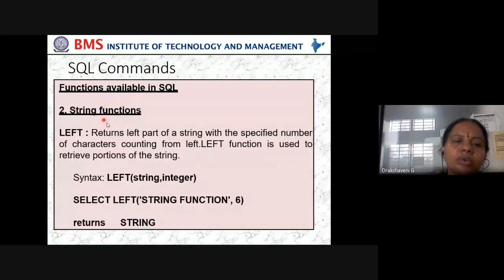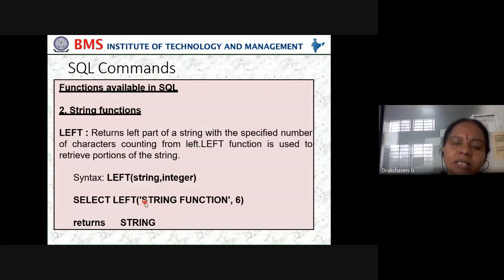Next we move on to one more function called LEFT. It returns the left part of the string with the specified number of characters, counting from the left. The function is used to retrieve portions of the string. So LEFT takes a string, then an integer. SELECT LEFT of 'string function', 6. We can just count: 1, 2, 3, 4, 5, 6.